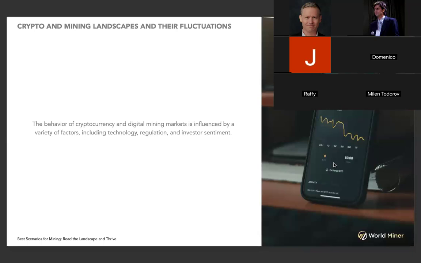Some researchers have identified two types of behavior in the most famous cryptocurrency systems: heuristics and random traders. Overall, the behavior of the cryptocurrency and the digital mining market is really influenced by many different factors. That includes technology, regulation, investor sentiment, and the price of electricity.